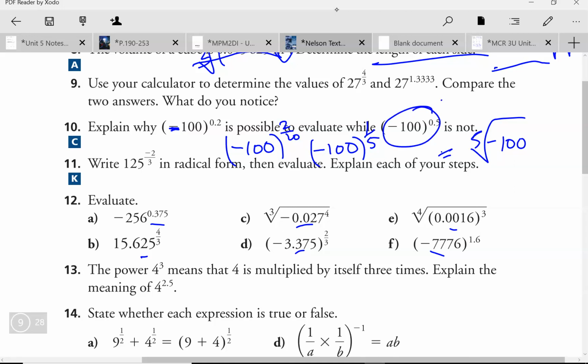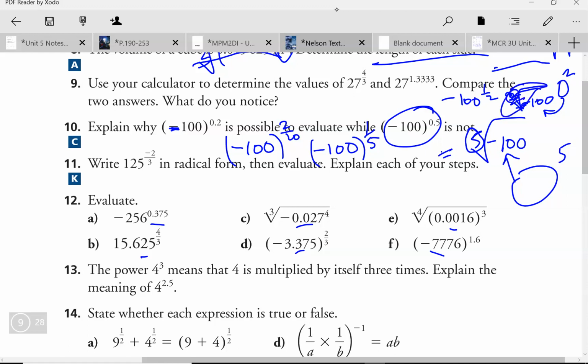But here, this is actually negative 100 to the power of half, which is the square root of negative 100, and you cannot take the even roots of negative numbers because they don't exist. There is some number to the power of 5 that gives you negative 100, but there's no number that, if you square it, will give you negative 100. That is impossible. So that's why you have to explain. So odd roots of negative numbers exist, but even roots of negative numbers do not exist.